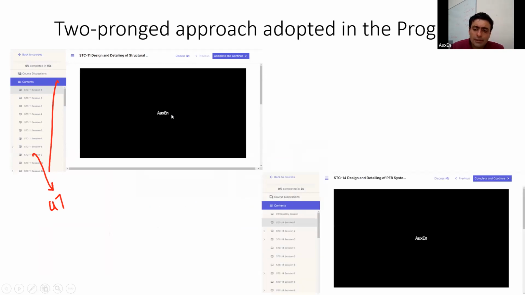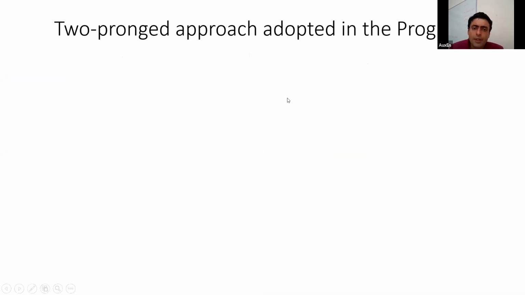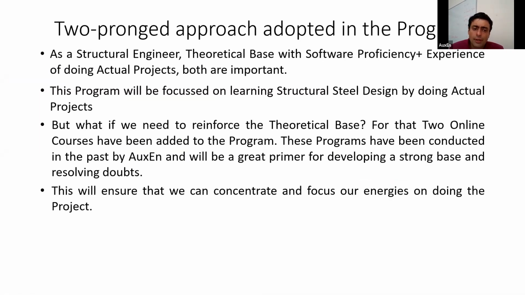In the STC-14 course, for PEB system design, there are some 32 or 33 sessions. A lot of theoretical stuff, deep concepts, and how to approach software have been discussed in these two courses. This will form a very good theoretical base for you.